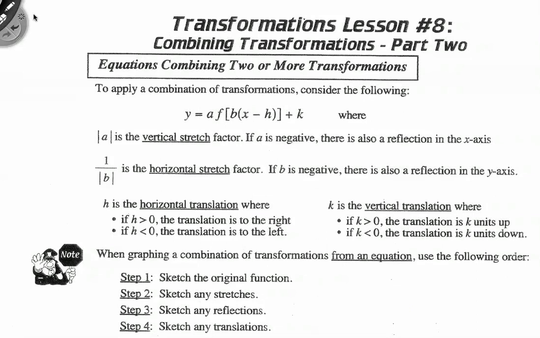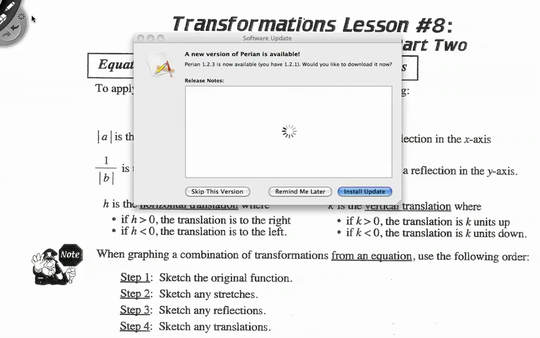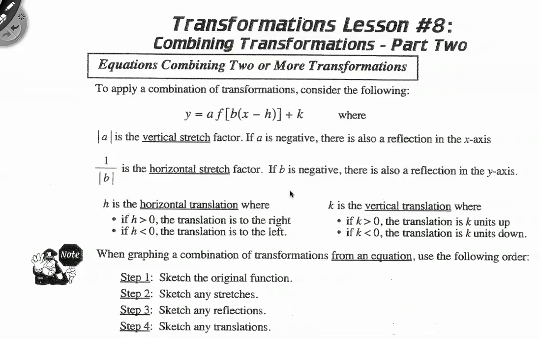Okay, so we're on to lesson 8 of transformations, and this is combining transformations part 2. Notice that we have an equation here, y equals af(b(x minus h)) plus k.